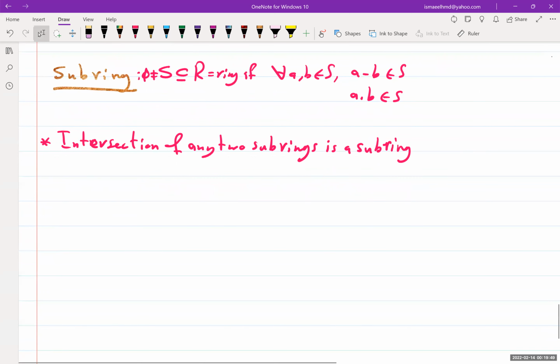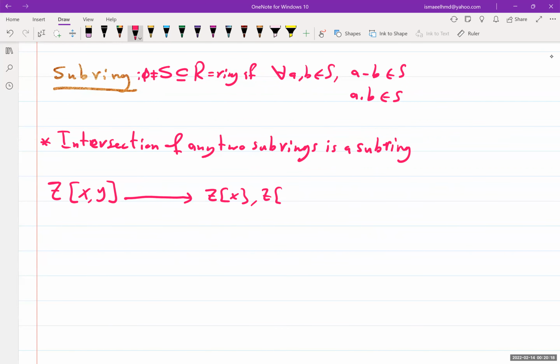For example, take Z[x, y], the polynomial ring in two variables x, y, and take two subrings, Z[x] and Z[y], as subrings of Z[x, y].